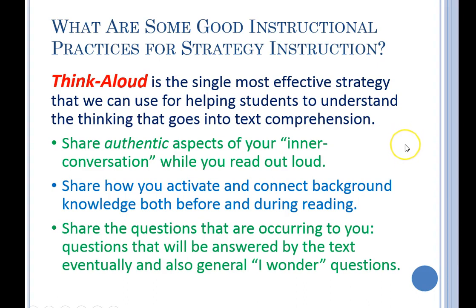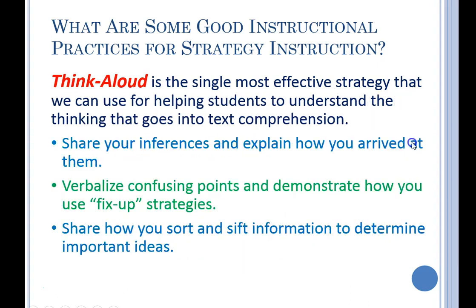We're going to show them how we activate and connect our background knowledge to what we're reading. We show them the questions that are occurring to us as we're reading, questions that are going to be answered in the text, or questions that we're just wondering about, things that have come up for us as we've been reading. We can certainly share our inferences that we're making, and very importantly, explain how we arrived at them.